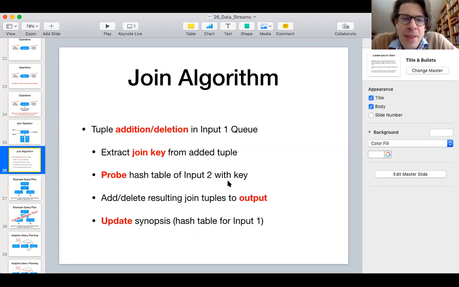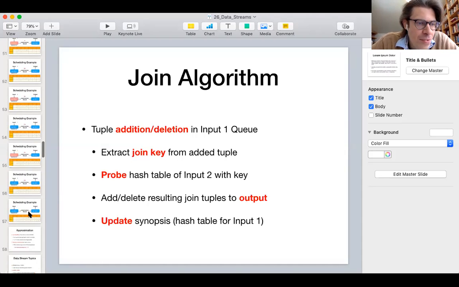So whenever a tuple gets added or deleted in the first input queue, we extract the join key from the added tuple. Then we probe the hash table, the synopsis that is associated with the other input, using the key. And for the matching tuples, we add them to our join result and also potentially update the synopsis. And here, if my hash table is smaller, it will find fewer matches, so it will generate less output.